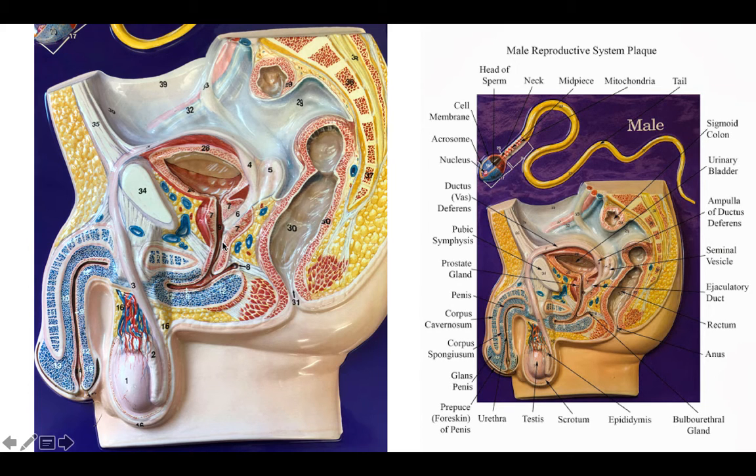The prostate gland is going to secrete this kind of milky substance that contains protein digesting enzymes. These protein digesting enzymes, which help to break down proteins, are going to help to thin the semen. And by thinning the semen, that helps to increase the sperm motility.